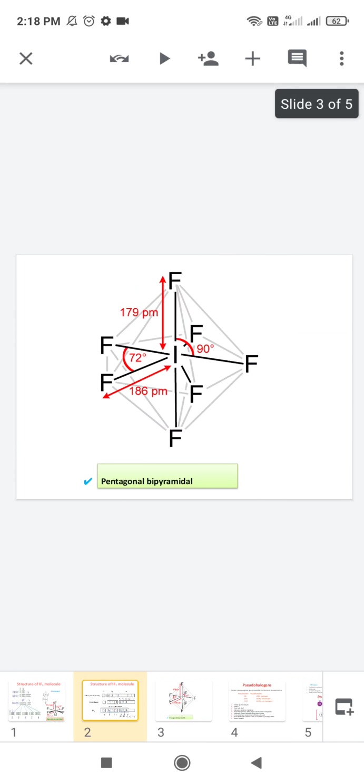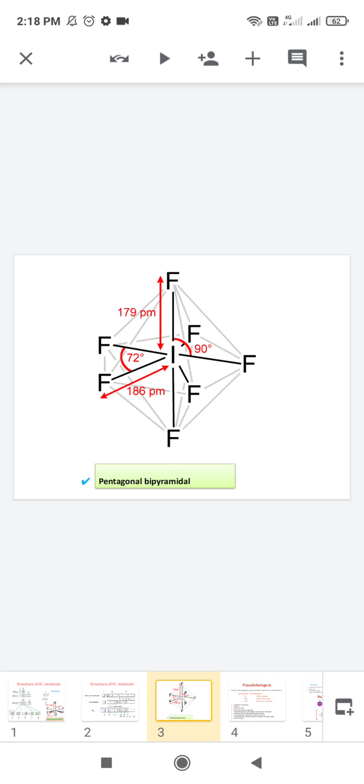to form IF7. See the geometry of IF7, it is pentagonal bipyramidal, and normally the 5 F atoms exist in one plane and the F atoms which exist in the axial positions are perpendicular to this plane. So normally we expect the bond angle is 90, and in axial geometry also the bond angle is 90, and the bond length between iodine and fluorine in the axial position and equatorial position is entirely different.